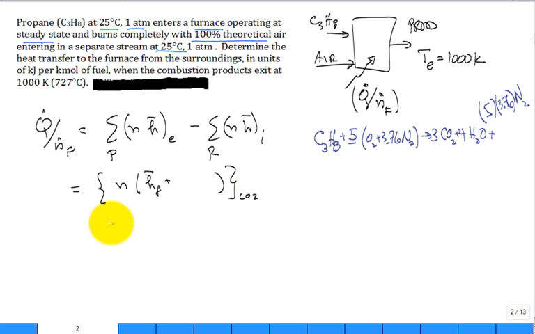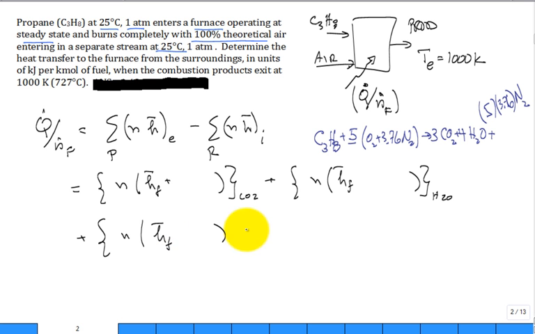I'm going to have it for stoichiometric coefficient, enthalpy of formation, for the H2O, and stoichiometric coefficient, enthalpy of formation of the N2. Now let me fill out some more of that. So for the CO2, it'll be the molar enthalpy of CO2 at the 1000, and I didn't leave enough room, did I?